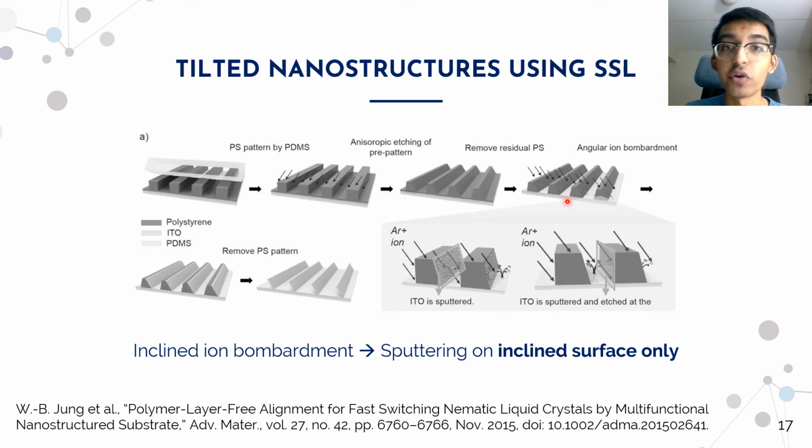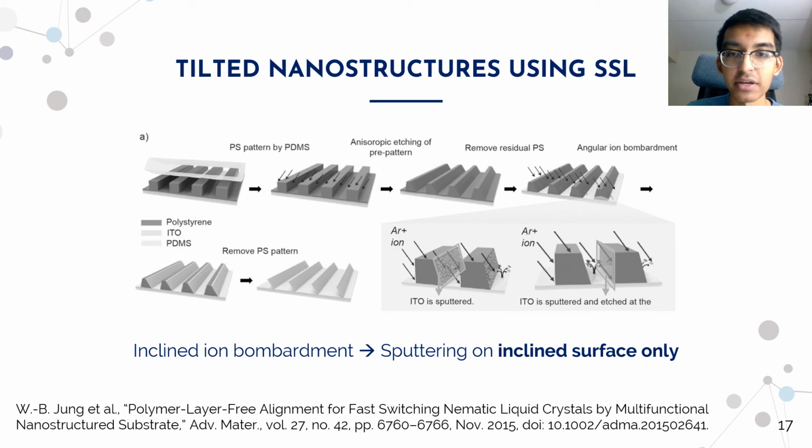Since the vertical sidewalls are both sputtered and etched because of the incident angle of the argon ions, nothing actually deposits onto the vertical sidewalls, nothing remains. Material does remain, however, on the inclined sidewalls as the ITO is sputtered onto those surfaces. But it's not etched, only sputtered onto those inclined surfaces.